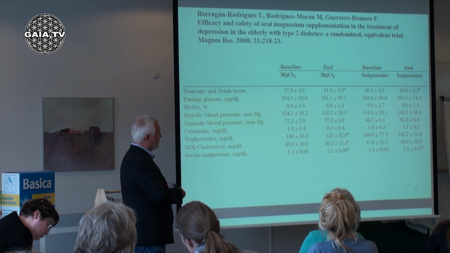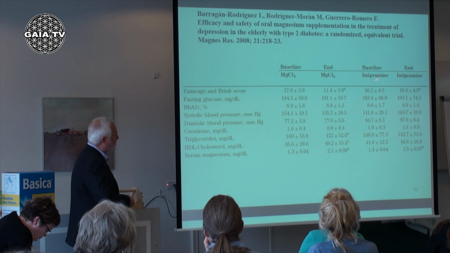And we could show some years ago that imipramine inhibits this magnesium transporter that brings magnesium out of the cell. So if you keep magnesium in the cell, you obviously have a positive effect in the area of depression, and there are currently some relatively large studies going on treating patients with depression with magnesium.